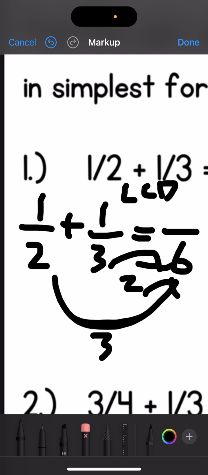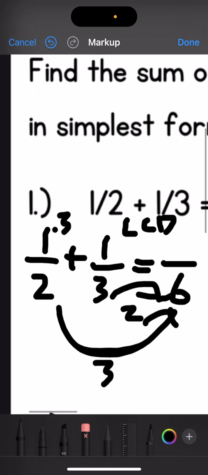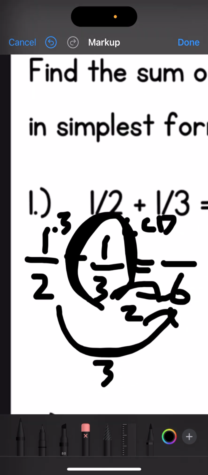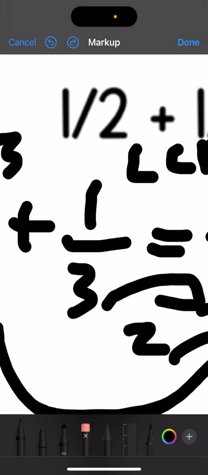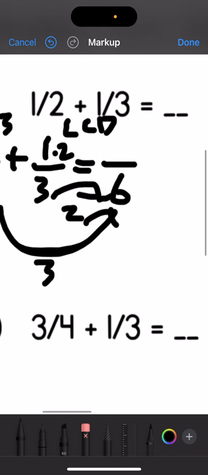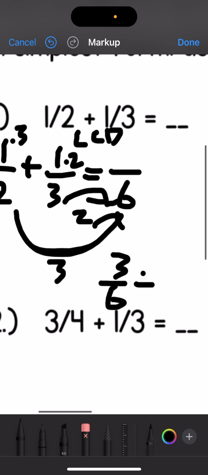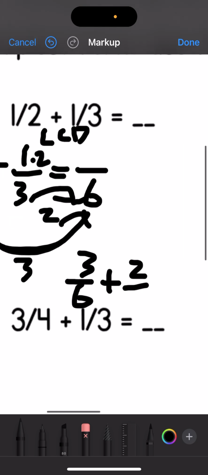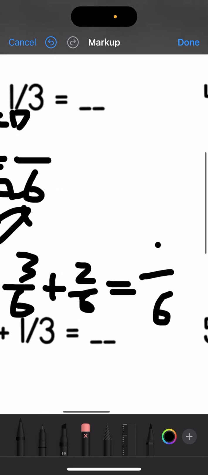Because we multiply the bottom by 3, we're also going to multiply the top by 3. And for 1/3 right here, we're going to multiply by 2. Because we multiplied the bottom by 2, we also have to multiply the top by 2. So we're going to get 3 over 6 plus 2 over 6.